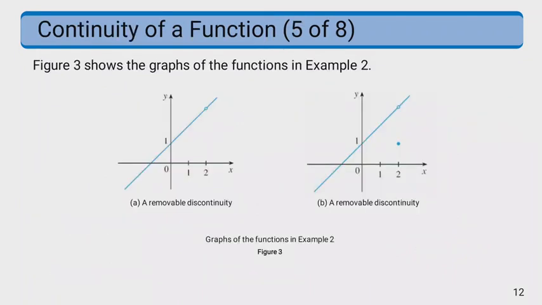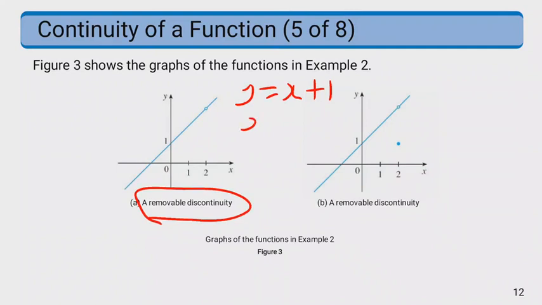So, we introduce another term here, removable discontinuity. We will say a function, which you can see is our straight line that we ended up with from the right side, where we had x plus 1 after we simplify our function. So if you draw that straight line, you have this straight line, but you still remember that the function before simplification was not defined at x equals 2.